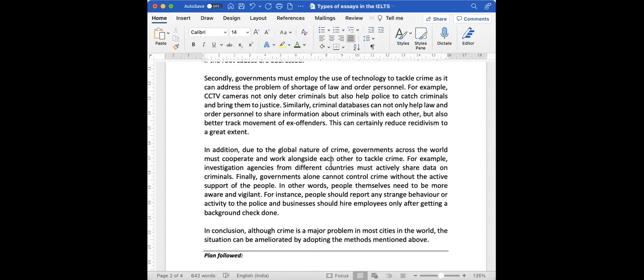In addition, due to global nature of crime, governments across the world must cooperate and work alongside with each other to tackle crime.